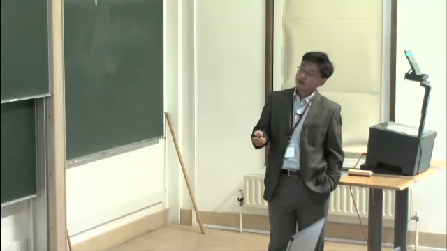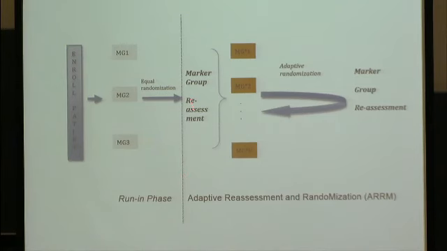And then immediately after the running phase, once you observe data and response from the patients that have been equally randomized, you can do a biomarker group reassessment. And you can run some model to redefine the MGs, the marker groups. And there you could find a different set of marker groups and even a different number of marker groups.